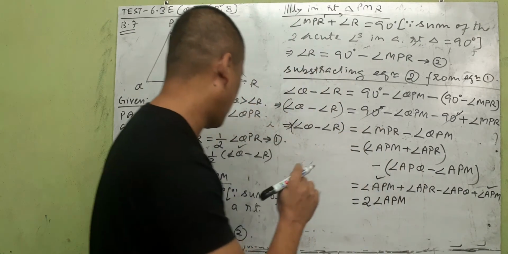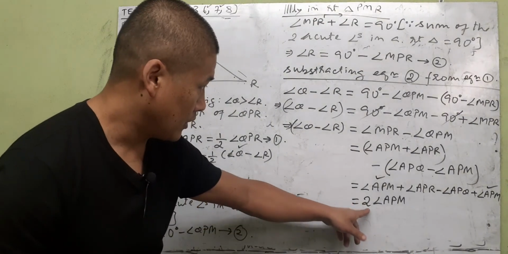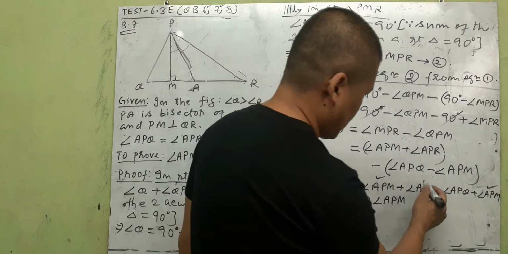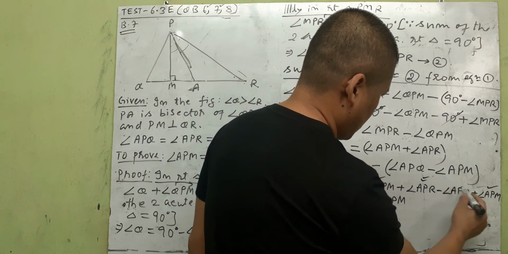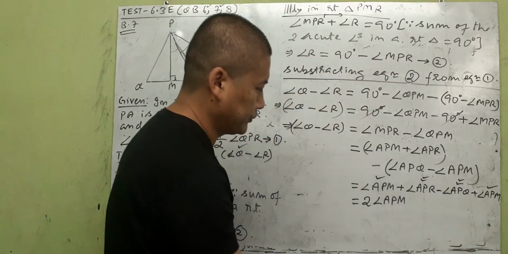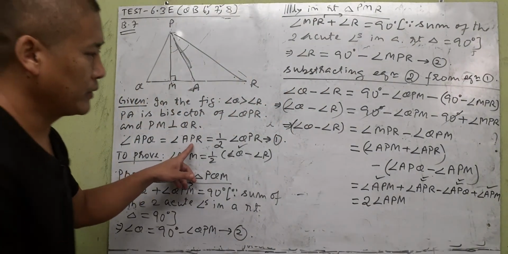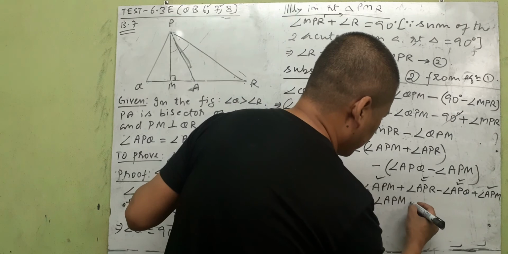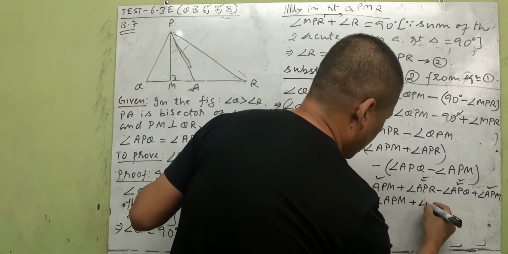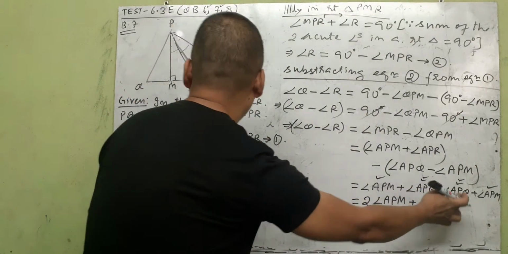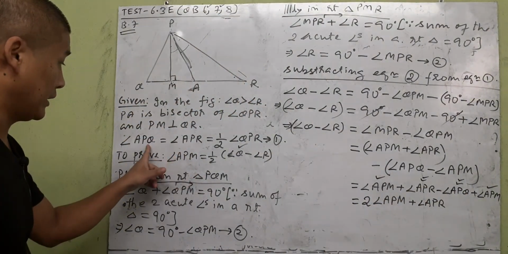So we also have this half again, because if you shift this 2, it will go down as 1 by 2. So we have to deal with this APR part. Here APR is there, so you may just choose to put that same plus angle APR. Then this APQ, observe here, APQ and APR are equal.